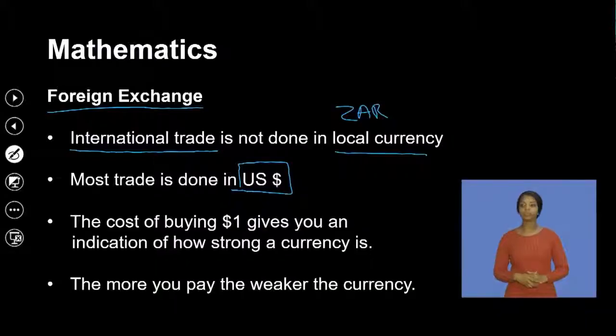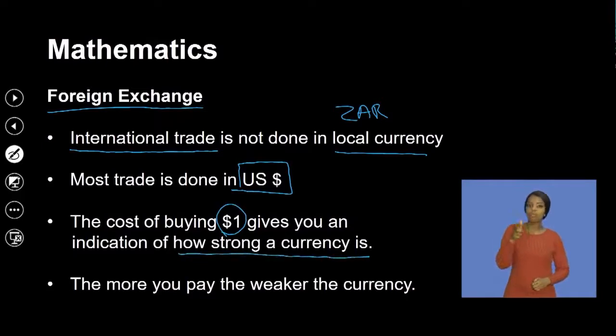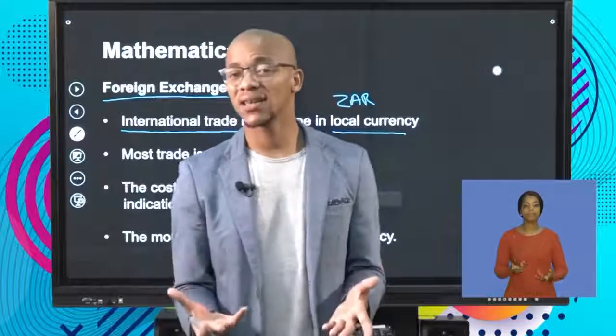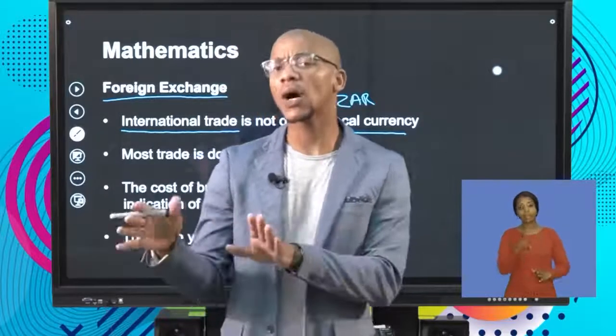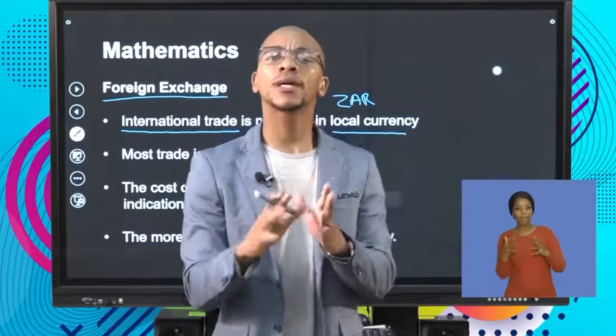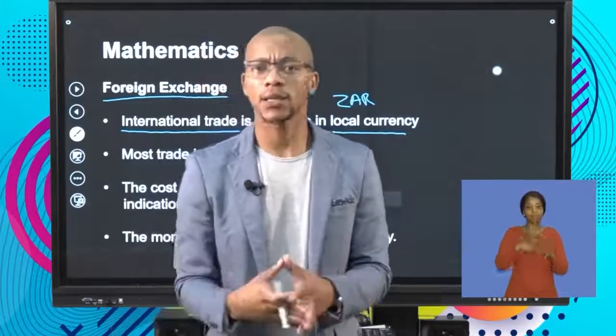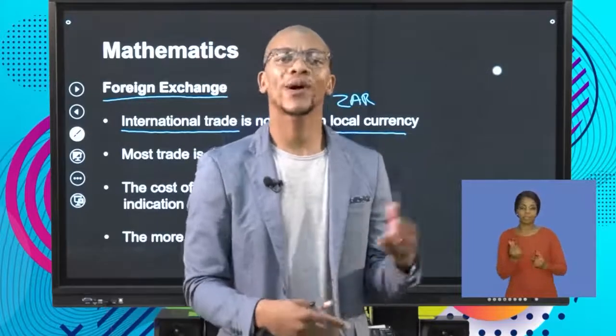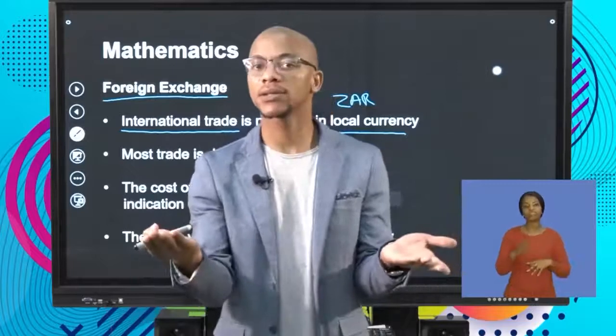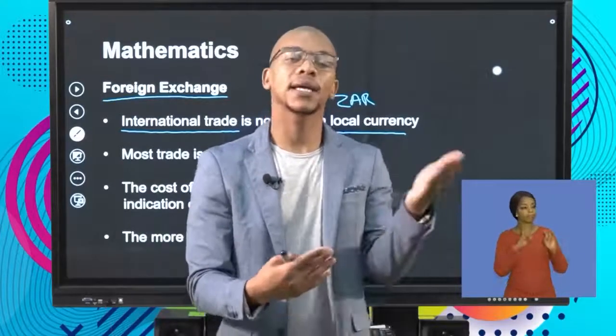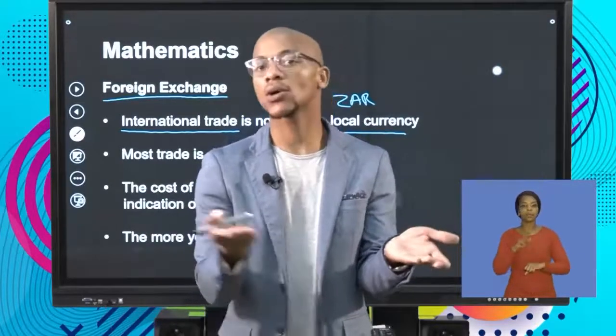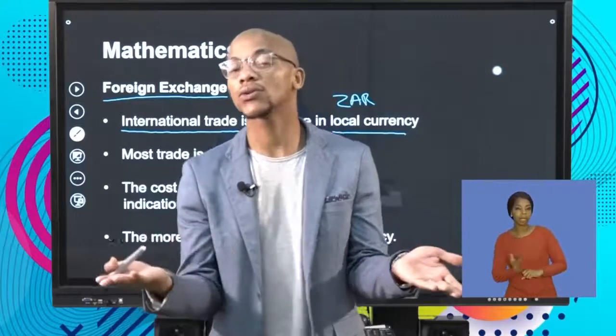And then also, the cost of buying $1 will give you a clear indication of how strong a currency is. Now, one typical example here is when you are watching the news. Just before we get to our weather forecast, they normally talk about the exchange rate and what the cost of $1 is as compared to a rand, what £1 is as compared to the rand or to the dollar as well.